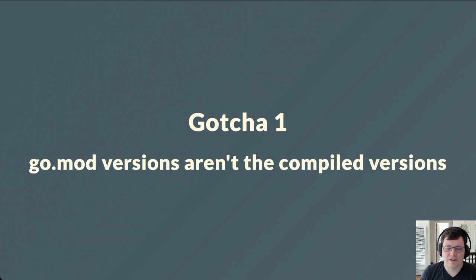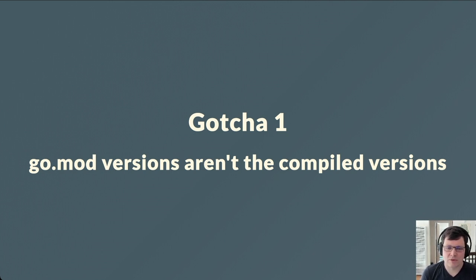So the first gotcha is that the versions in the go.mod file aren't necessarily the versions that will be compiled. If you're building a library that has a dependency and you specify a version, that version in the go.mod file is the minimum version that your library needs of that dependency.